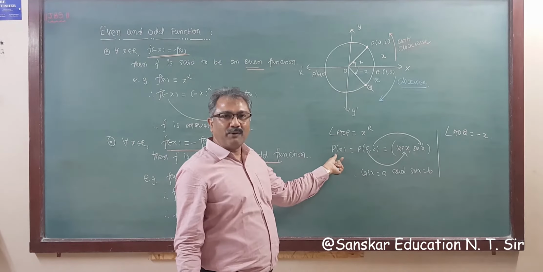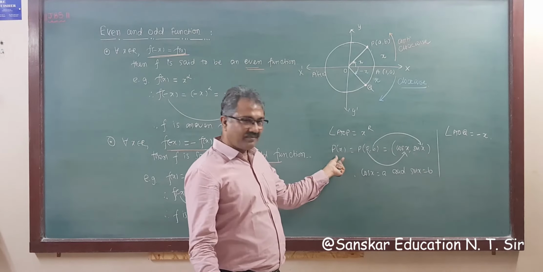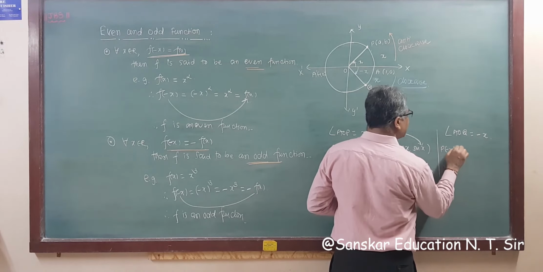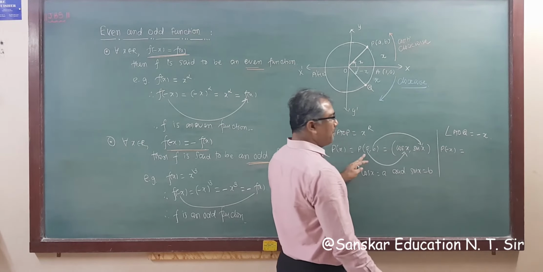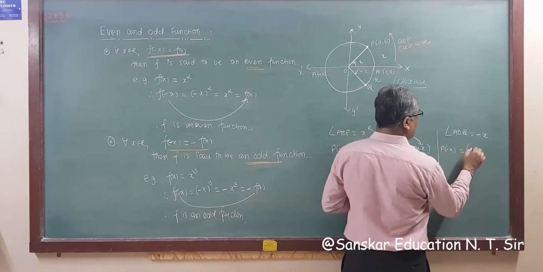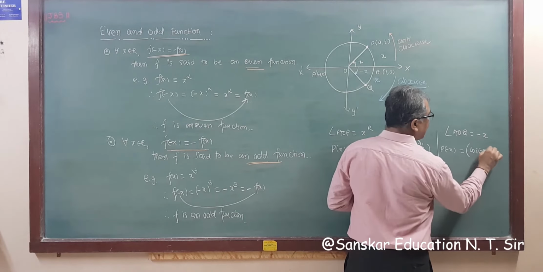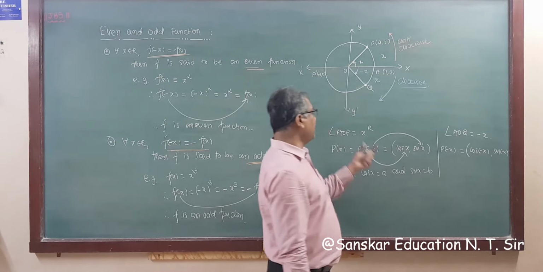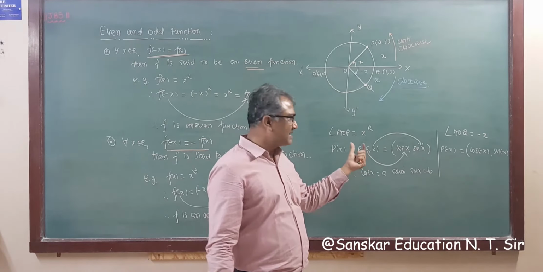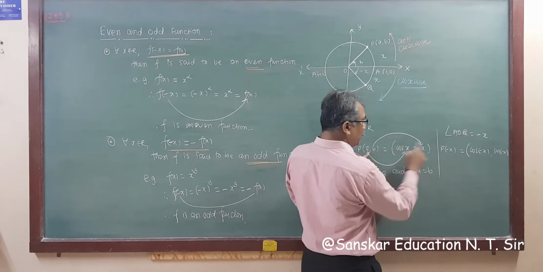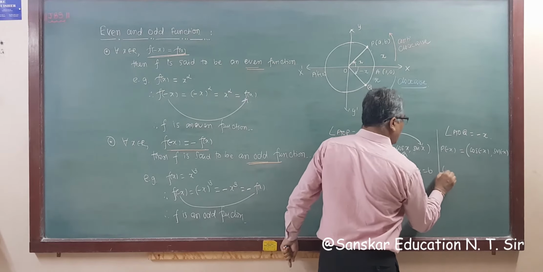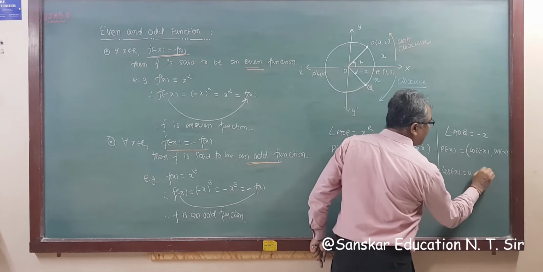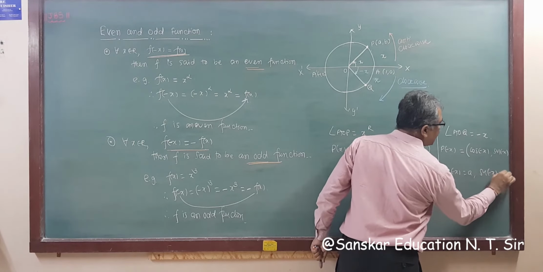So your trigonometric point is P minus x, which is equal to P(A, B), that is cos minus x, sin minus x. So according to this trigonometric point definition, A is equal to cos minus x, and sin minus x is equal to B.